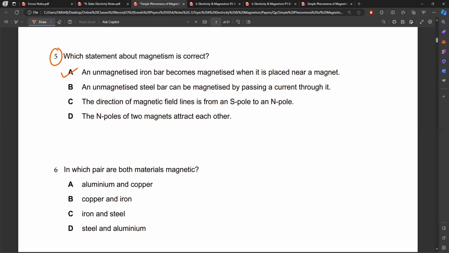If they ask how to magnetize, in that scenario you will mark option B. Basically, both statements are right, but there is only a difference in what the question asks, which is magnetism only. So about magnetism, an unmagnetized iron bar becomes magnetized when it is placed near a magnet. This shows you the property of magnetism.